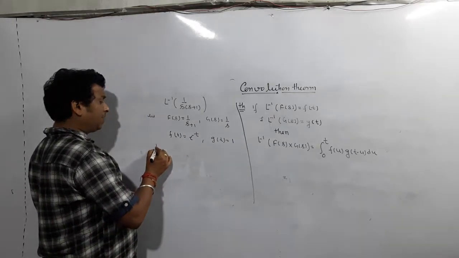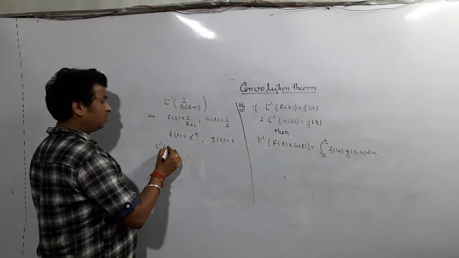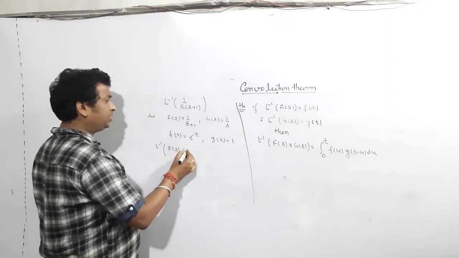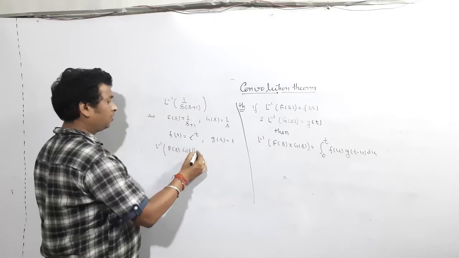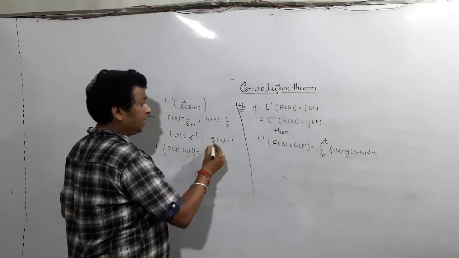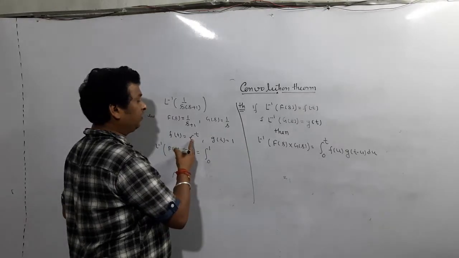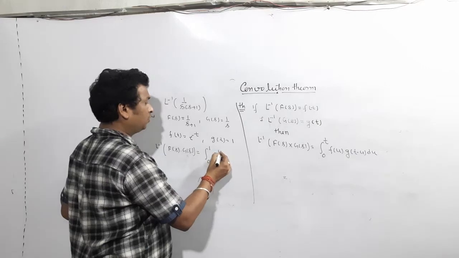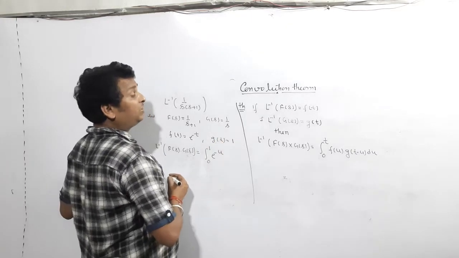So what is Laplace inverse of F(s) into G(s)? We know the formula, 0 to t f(u). f(t) is given as e to the power minus t, so what is f(u)? e to the power minus u. What is the second? g of t minus u.